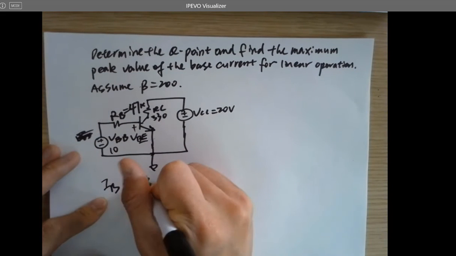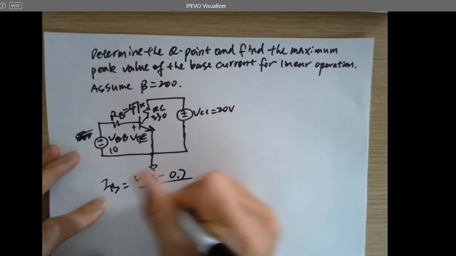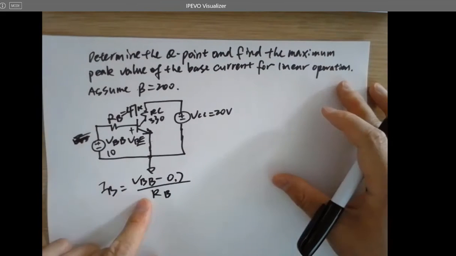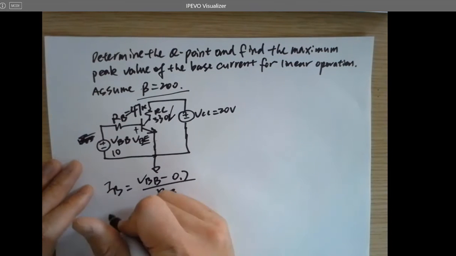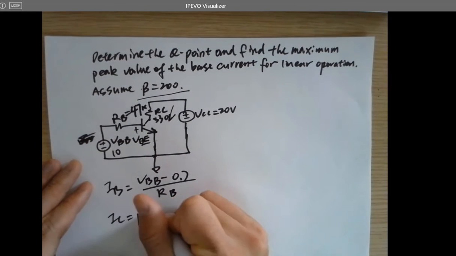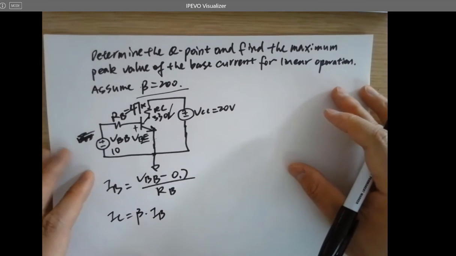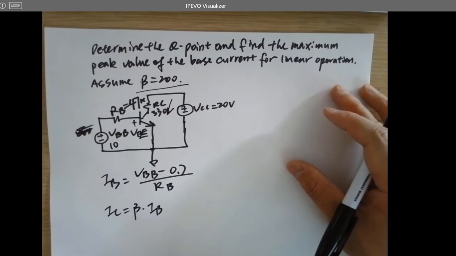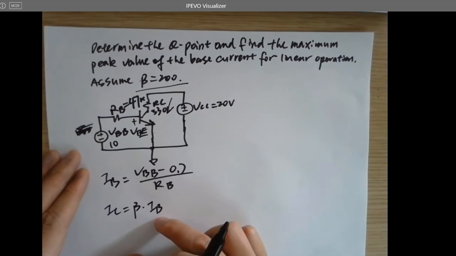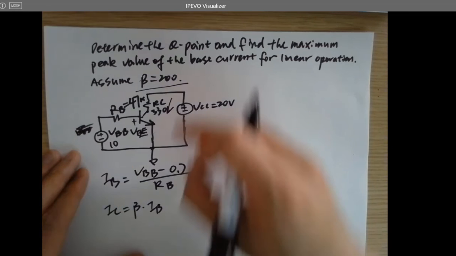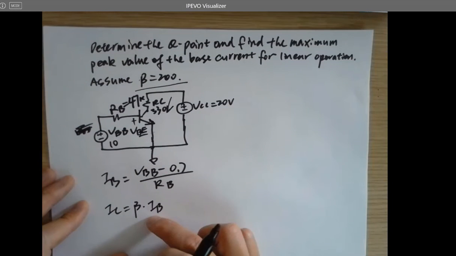IB is VBB minus 0.7 over RB, right? So you can find out IB, and because beta is given, you can calculate IC, which is beta times IB. So that's the Q point, because the circuit has been biased at this point.